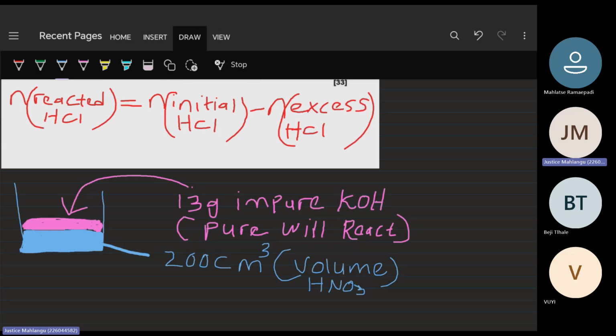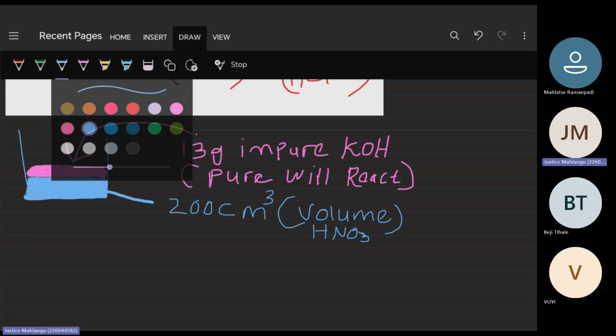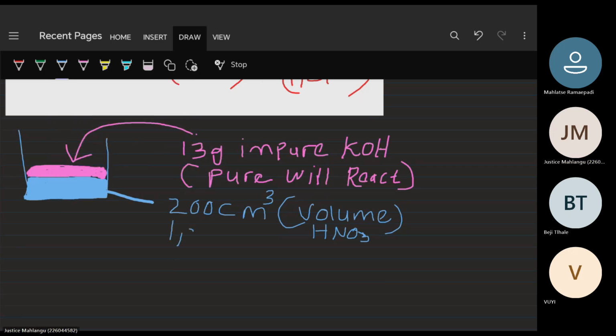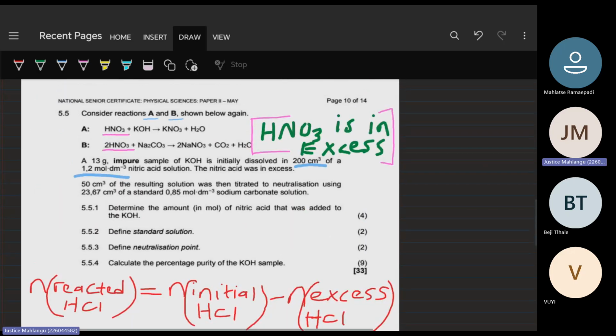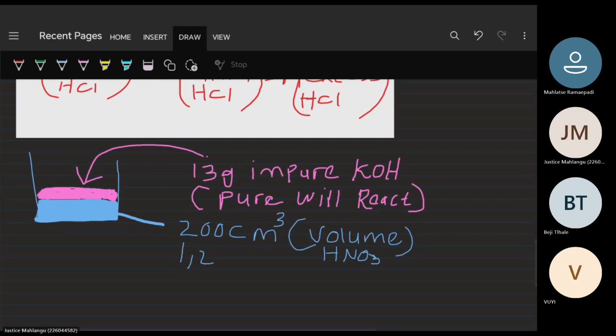But we're also given the concentration, right? The concentration we have got is 1,2. If you look carefully, there is 1,2 mole per cubic decimeter.